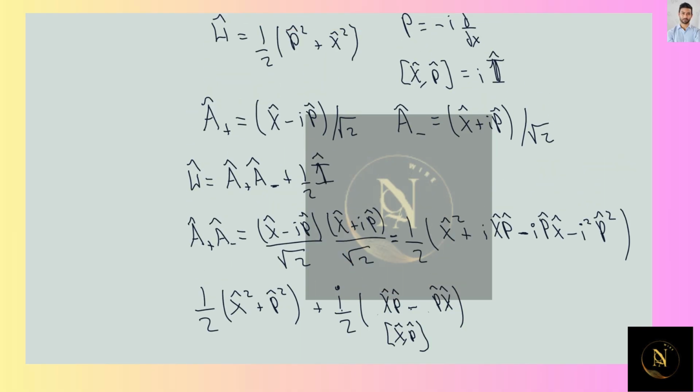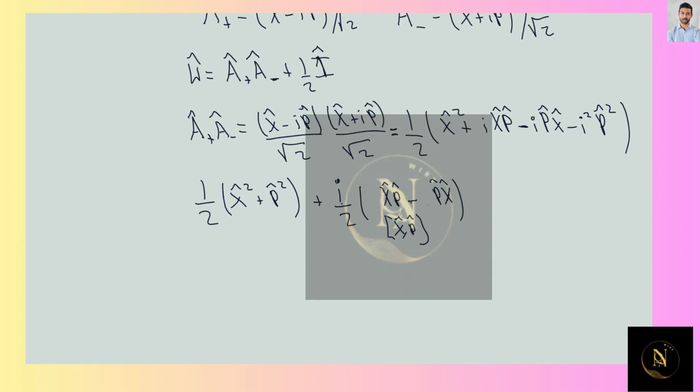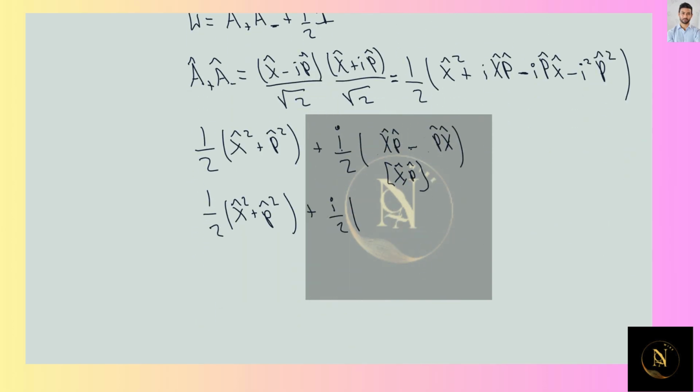Thus, since we already know what value that is, i times identity, this becomes 1/2 of x squared plus p squared plus i over 2 times i times identity. This means that our operator a plus a minus is then 1/2 of x squared plus p squared minus 1/2 of identity.